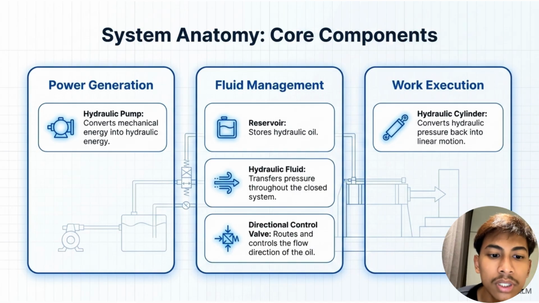For the last is work execution. The hydraulic cylinder changes the hydraulic pressure into movement to do the work, such as lifting or pushing heavy objects. So the pump creates pressure, the fluid transfers it, and the cylinder uses it to produce motion.